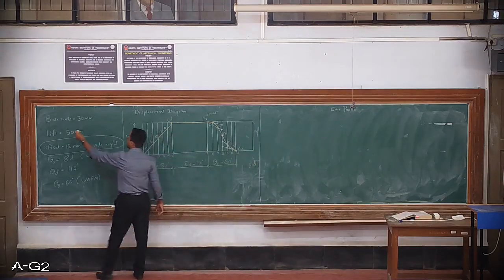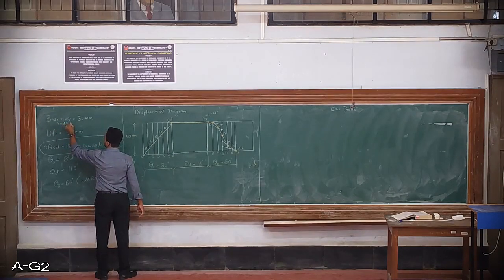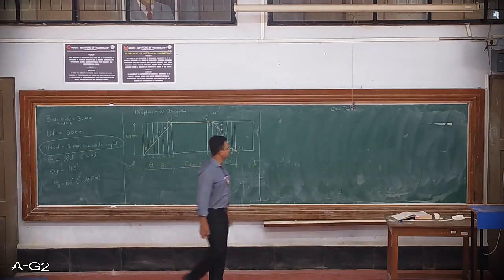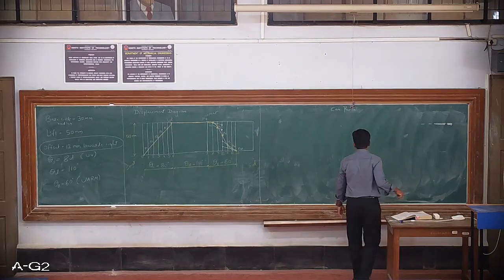This is the base circle radius that they have given, which is 30 mm. So I'll have to draw a circle of radius 30 mm.